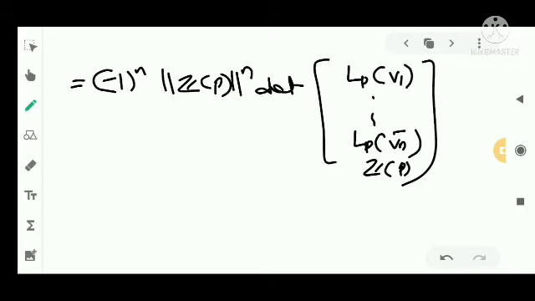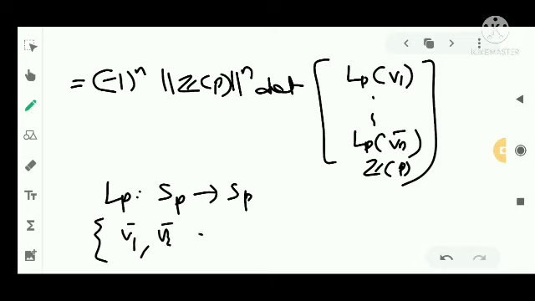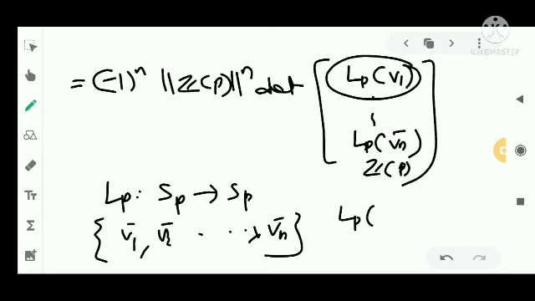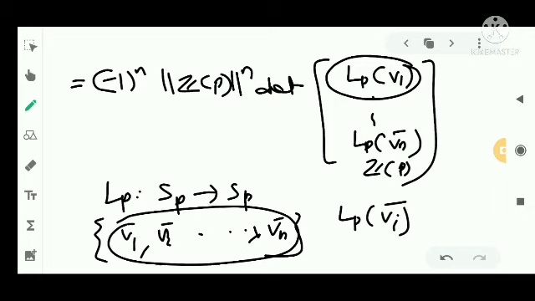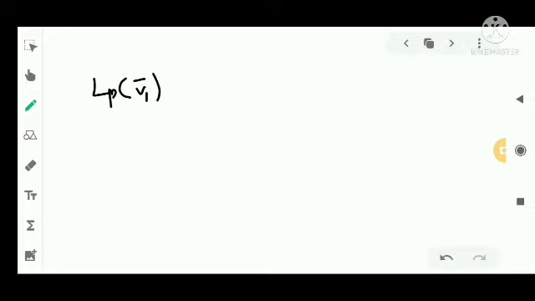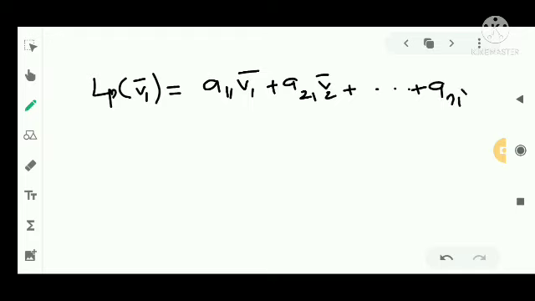Now we have the Weingarten map is a linear operator from the tangent space Sp to Sp. We have given in the statement there is a basis for Sp, that is V1, V2, etc. Vn. So any LP of Vi can be written as the linear combination of the basis elements. So LP of V1 we can write as A11 V1 plus A21 V2 plus etc. plus An1 Vn.